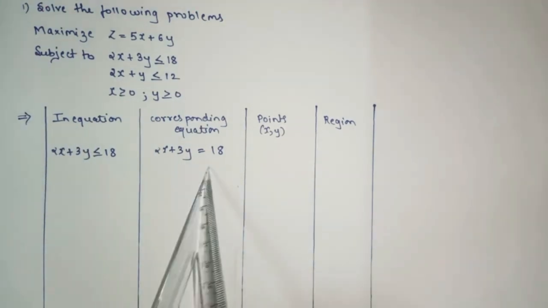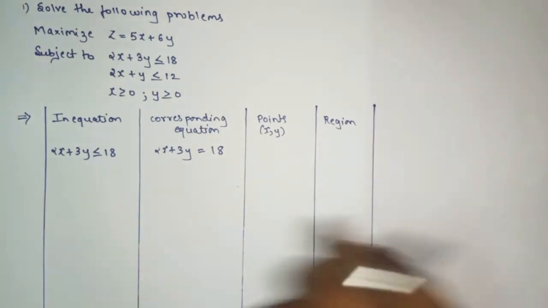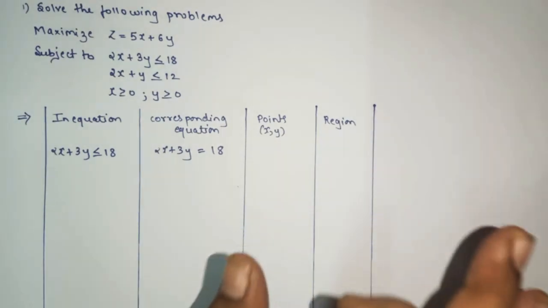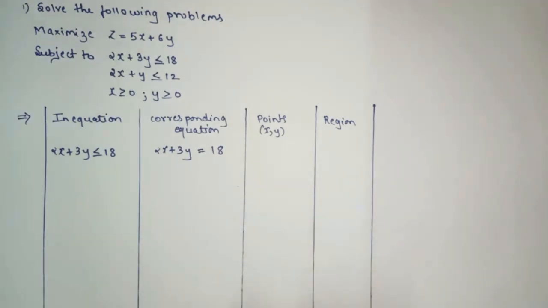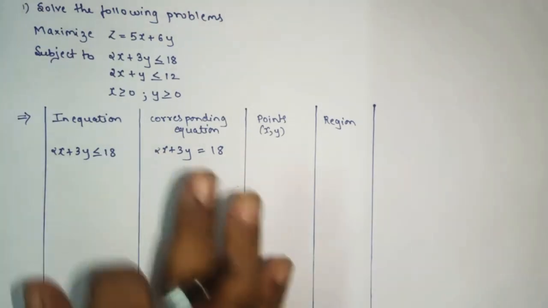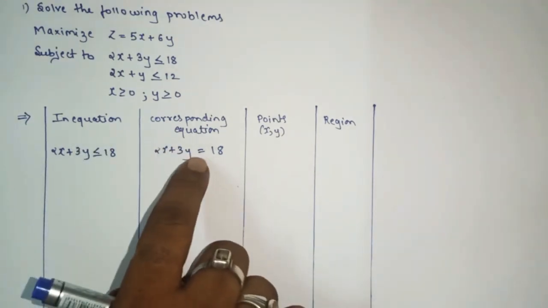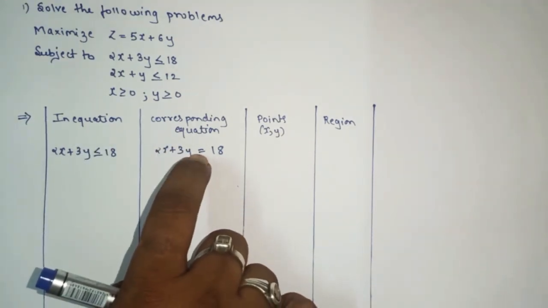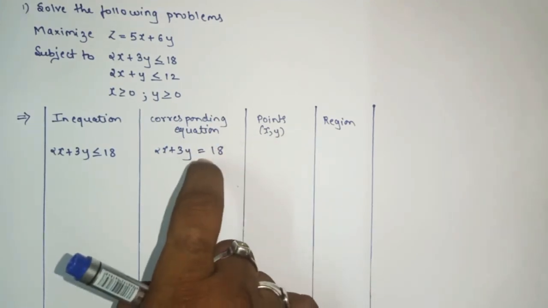So why do we have to convert the inequation into an equation? Because the graphical method, the plotting of the points, all depends on the linear equation, not on the linear inequation. So that's why we have to convert an inequation into a proper equation, where you will get the points with respect to the linear equation.